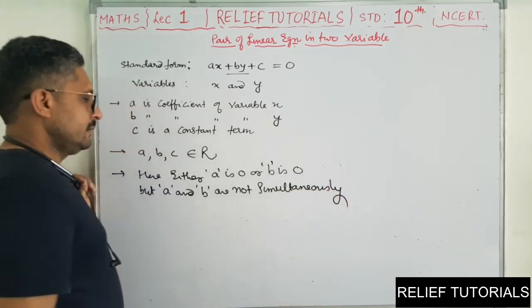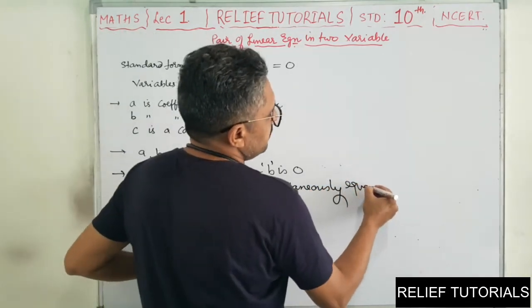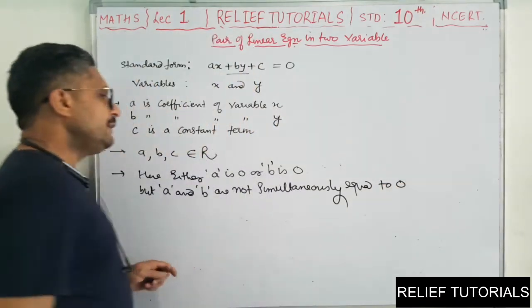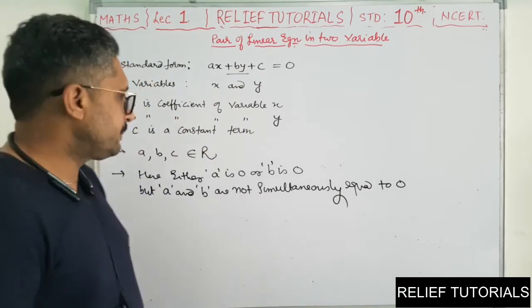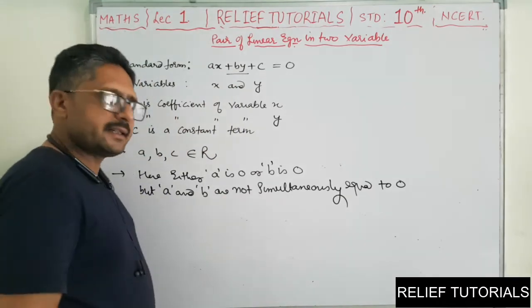See, if you want to represent this statement mathematically, how do you represent that a and b are not simultaneously equal to 0?